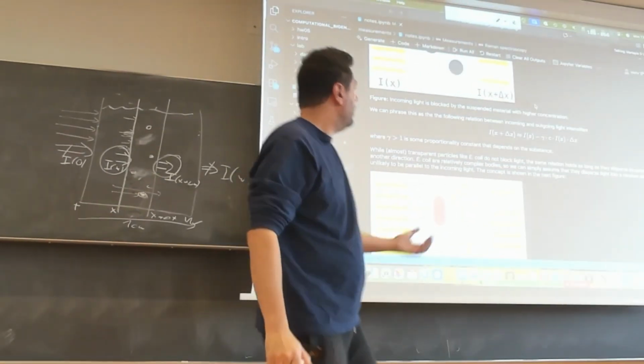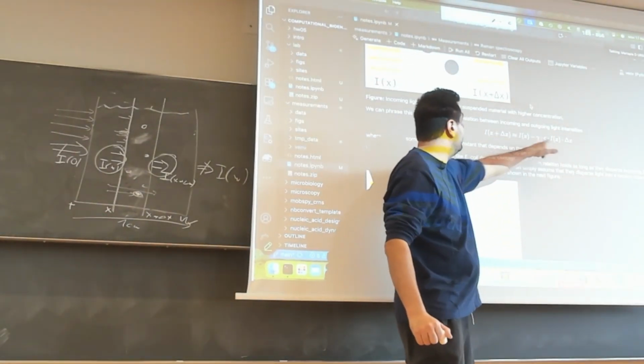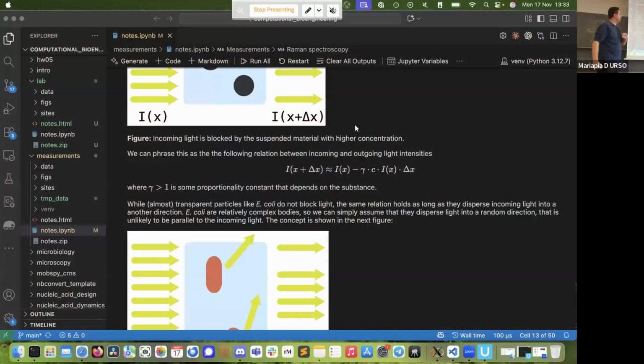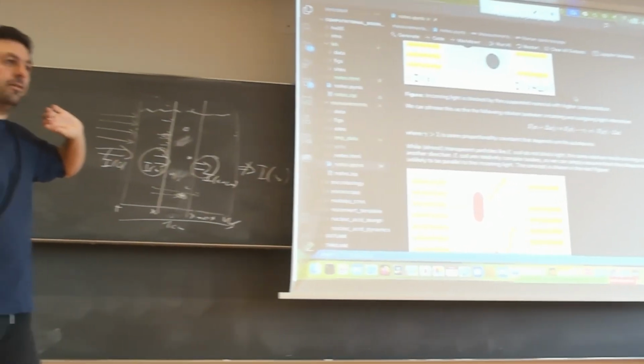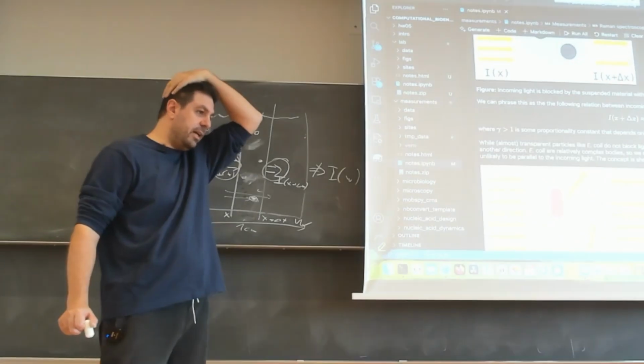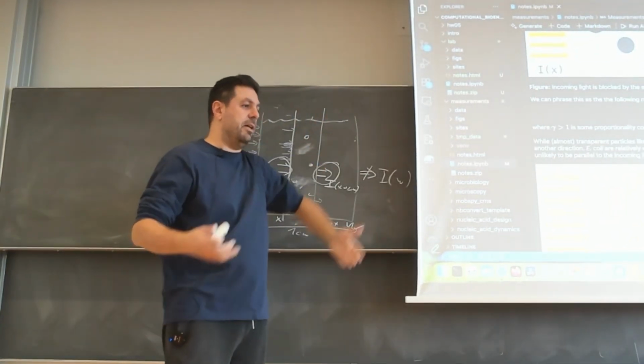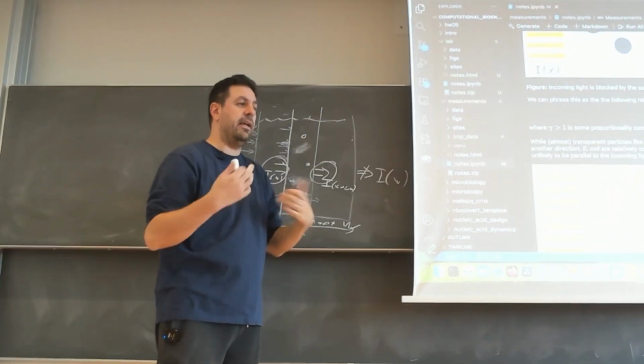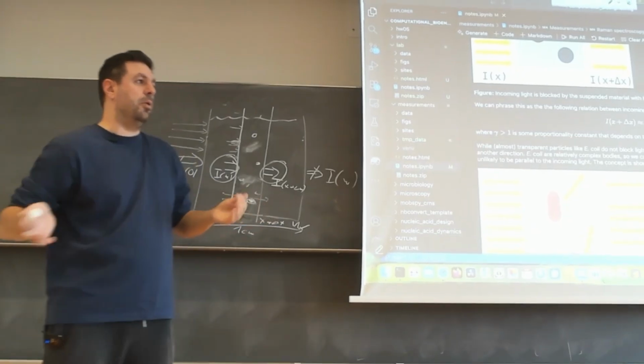Okay, and intuitively there are some facts in this thing here. For example, one fact is how much one particle blocks light, the area it takes away where it interacts with light, blocking it.